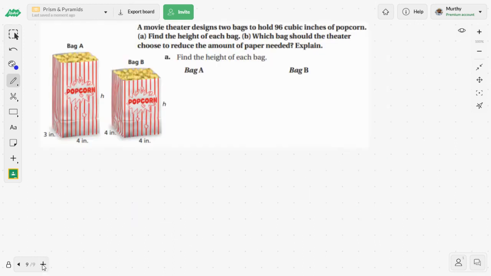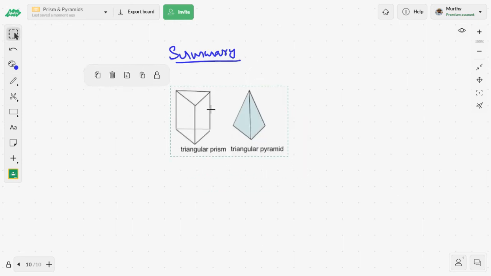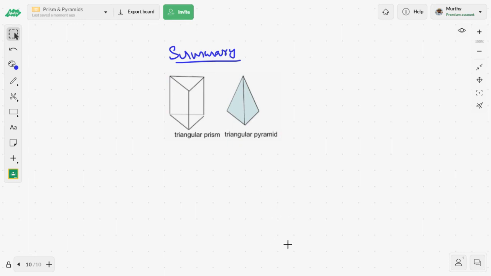Okay, so let's quickly summarize what you have learned today. In today's class, you learned two different things. One is prism, one is pyramid. For a prism, the base and top are the same shape, and for a pyramid, the top is pointed.